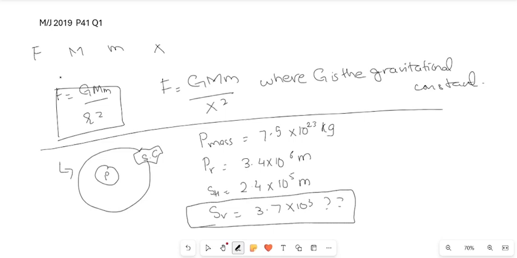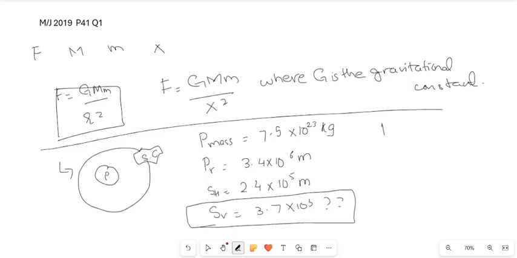Now, one thing that should instantly pop up in your mind is speed, which means we have to use the kinetic energy formula. Not even kinetic energy, essentially it is the speed formula.